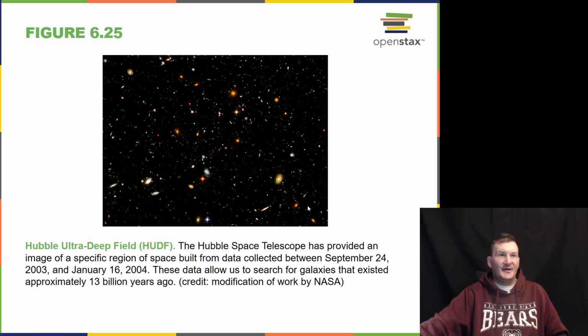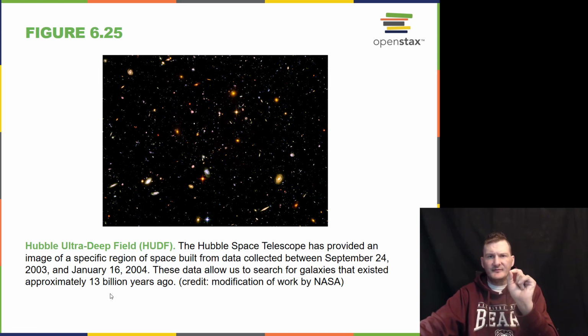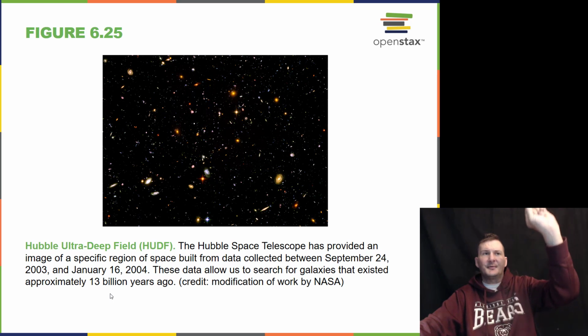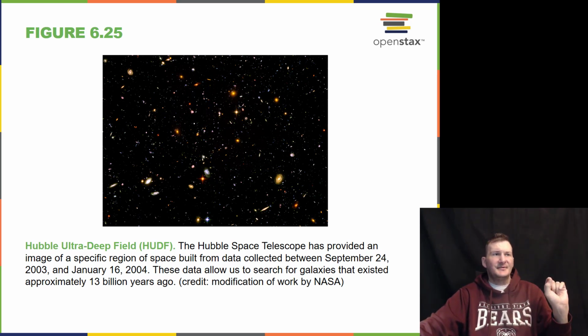Now, the Hubble Space Telescope has done a couple of these images. This is called the Hubble Ultra Deep Field. This is a very tiny part of space, about the size of a grain of sand held at arm's length. And this set of images were taken between September 24th and January 16th, 2004.